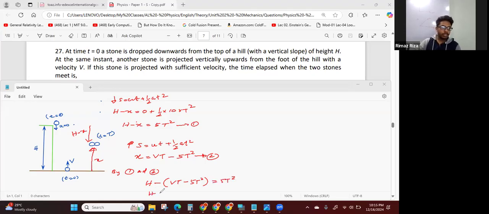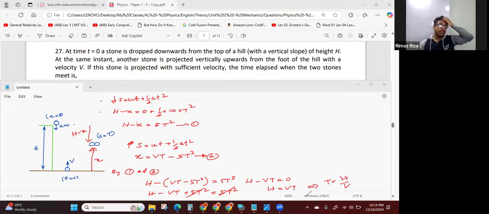So here I have h minus vt plus 5t squared is equal to 5t squared. So 5t squared cancels. So h minus vt equals 0. So h equals vt. Therefore, t equals h over v.